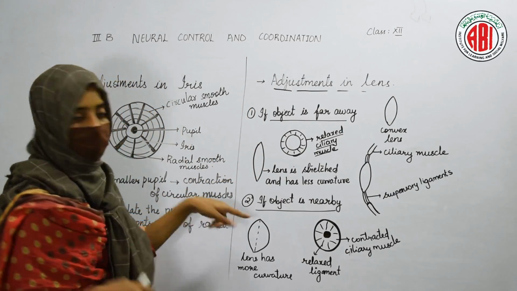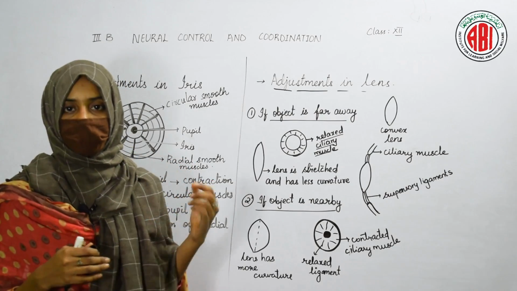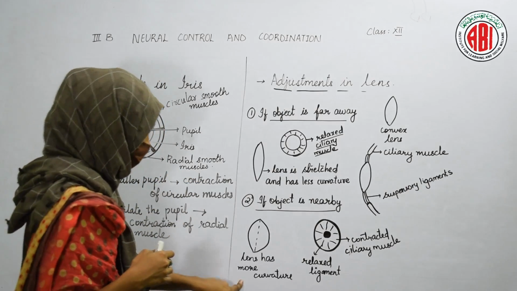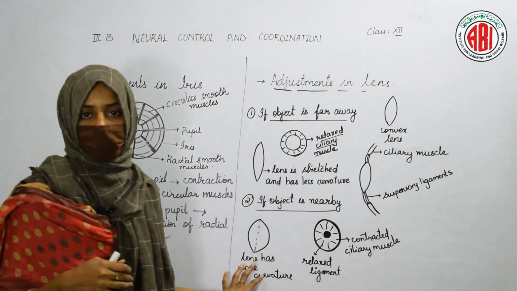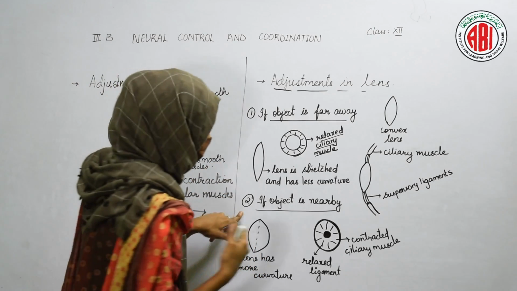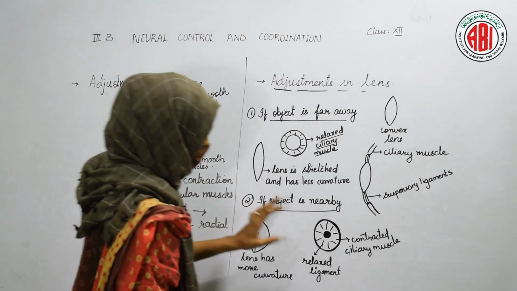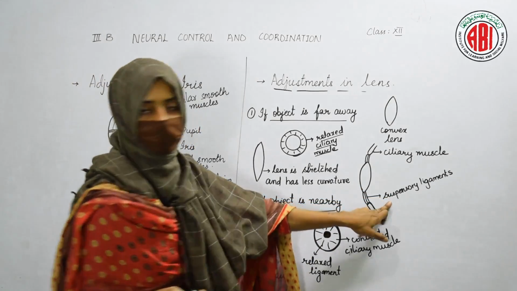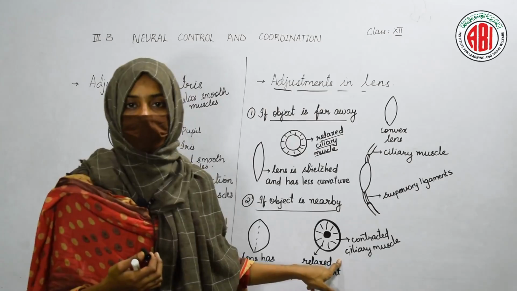In case 2, if the object is very nearby and you are trying to see that, then the lens increases its curvature. The curvature of the lens becomes more, and the lens has more curvature in case 2 when the object is kept nearby to you. In this case, the suspensory ligaments get relaxed due to the contraction of the ciliary muscles.